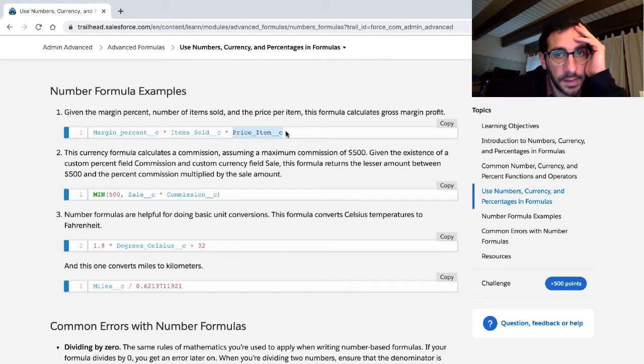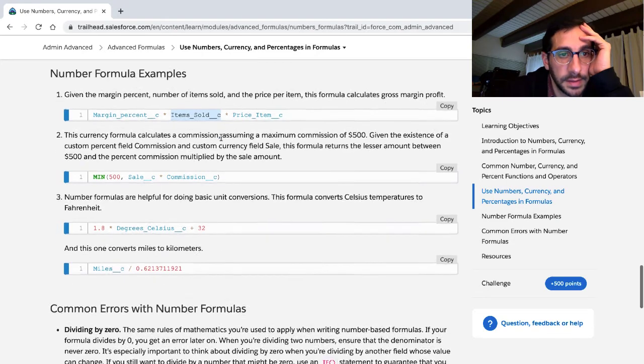Yeah, that would give you your gross margin profit. So if the price of the item was $100 and we had 10% margin, so you made $90 in each one, and if you sold 10 of them, you made $900.